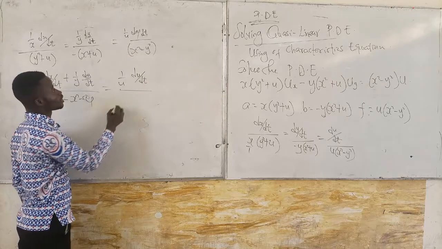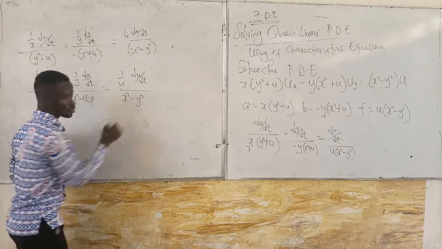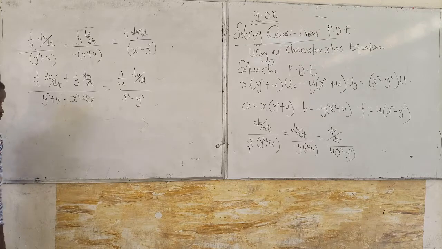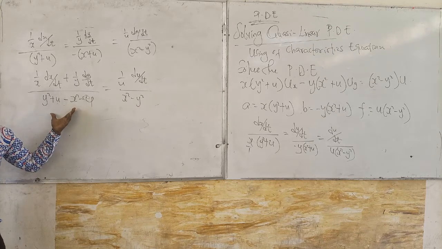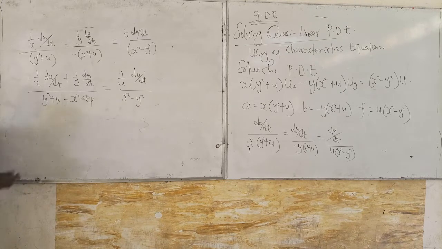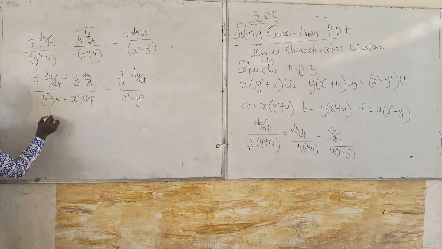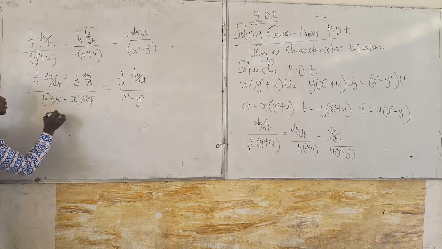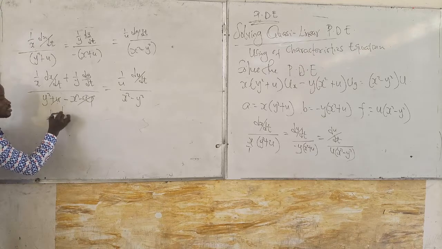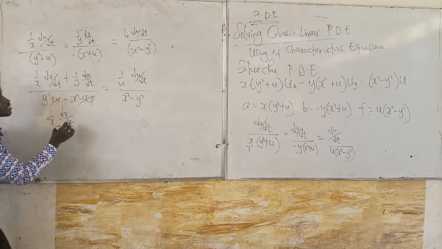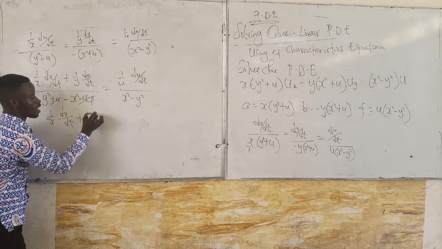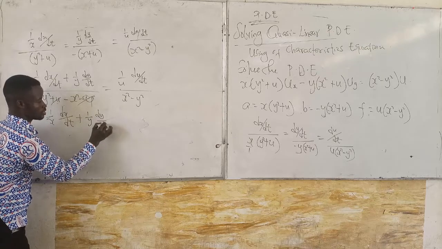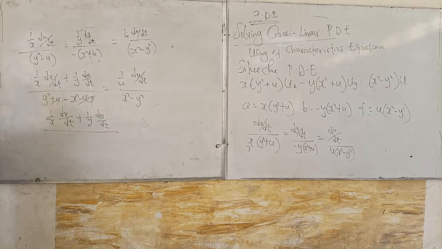I'm copying this. Who is not okay up to here? It's clear. Alright. So now we know that this will cancel this. So it's going to be left with 1 over x dx dt plus 1 over y dy dt, all this over y squared minus x squared.